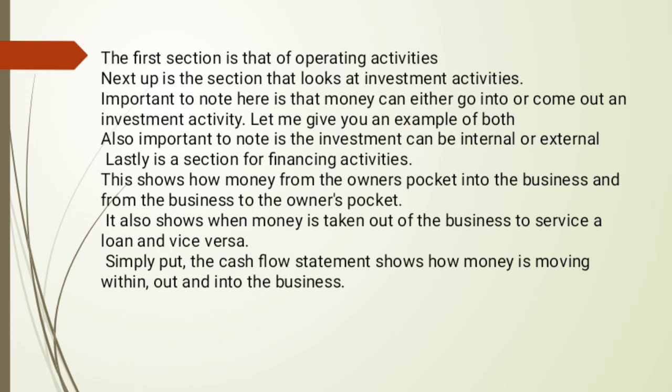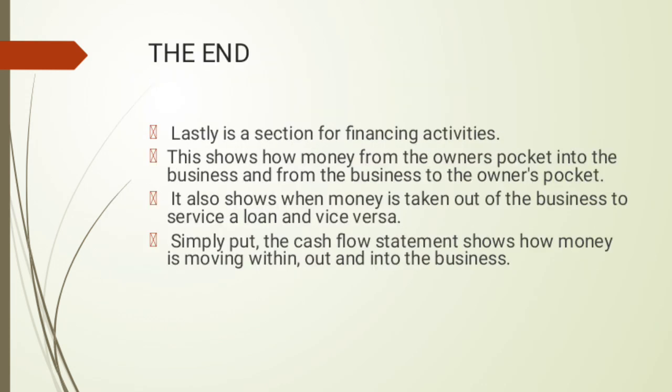Then last but not least, you'll see the financing activities. If I invest money inside a business, that will be recorded there. If the business gives out money to me in the form of a dividend, that will be recorded there.